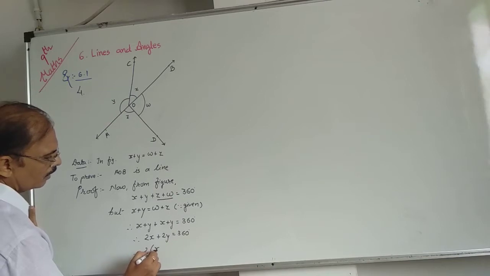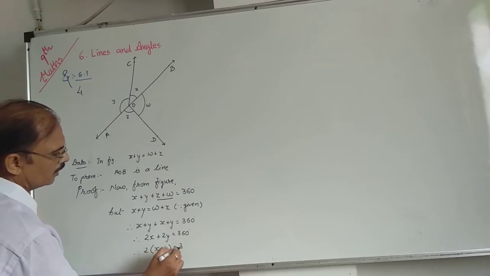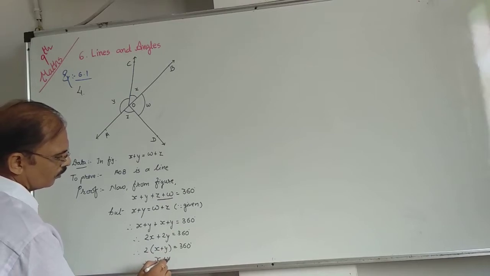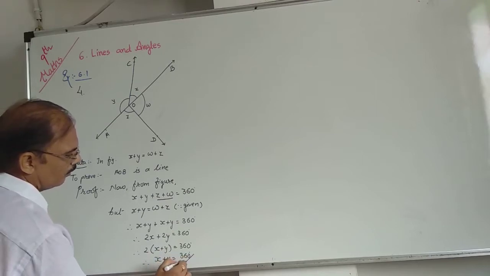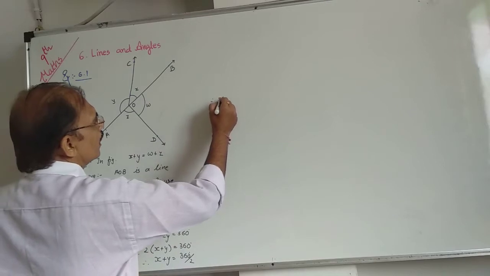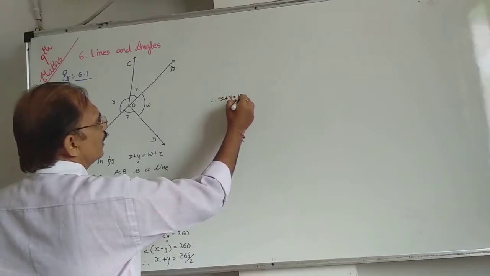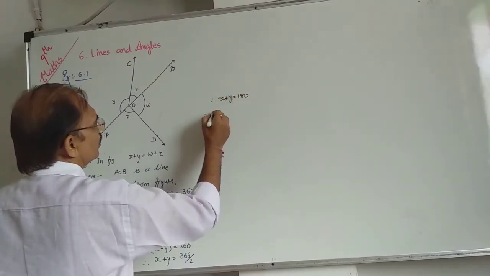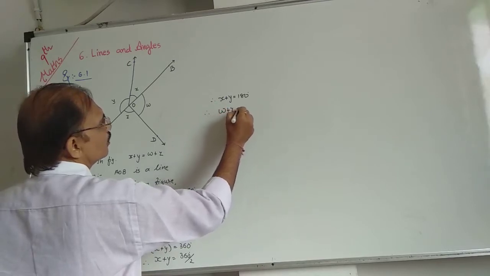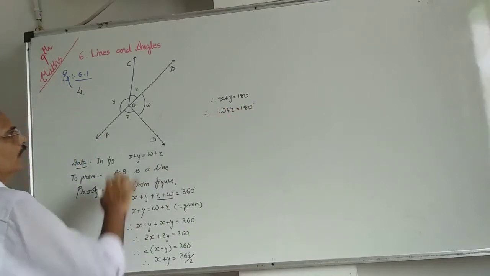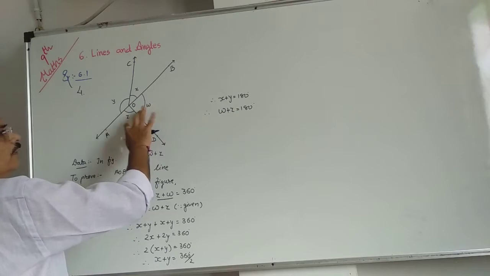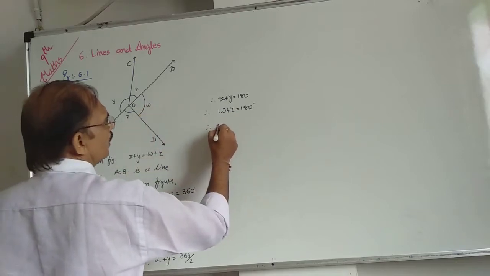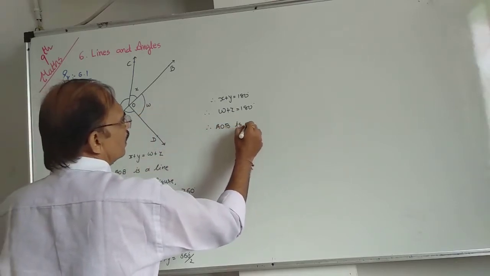Take 2 to the other side, so X plus Y equal to 360 divided by 2. So X plus Y equals to 180. And therefore W plus Z equal to also 180. If X plus Y is 180, Z plus W is 180, so I can write AOB is a line.